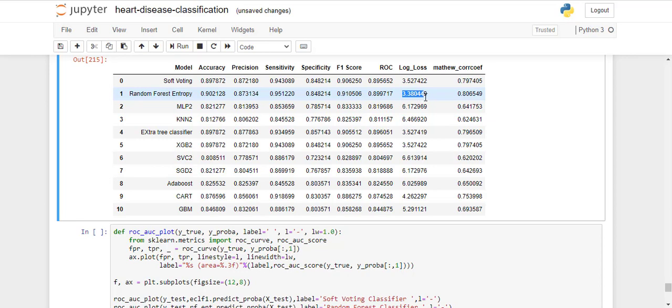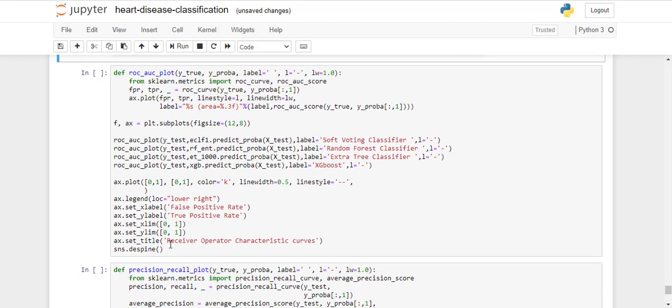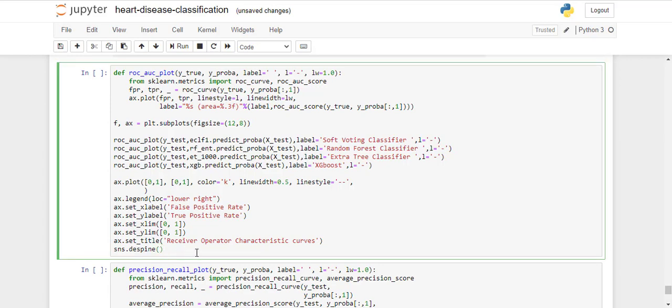And Matthew correlation coefficient is also high, 0.80, with a small number of features. So let's now plot ROC and see which one performs well.